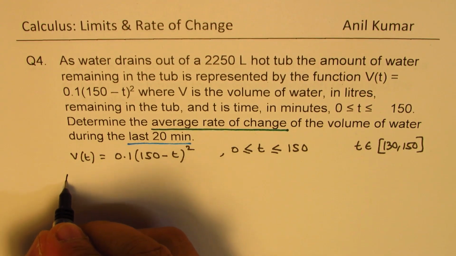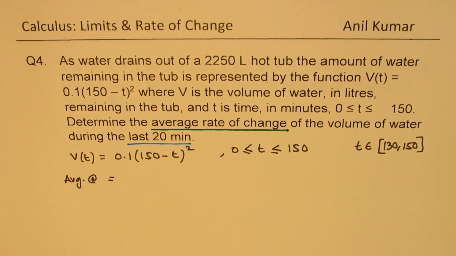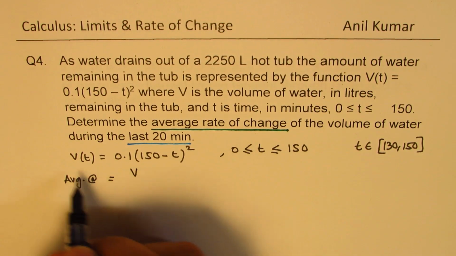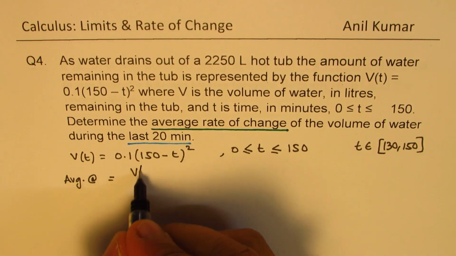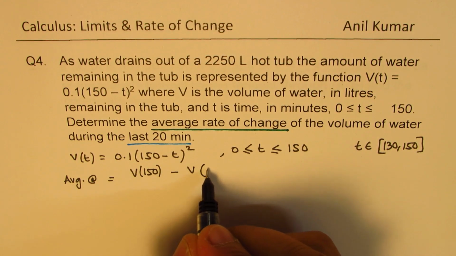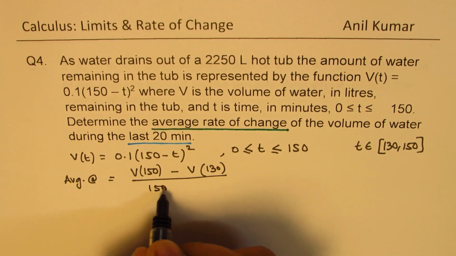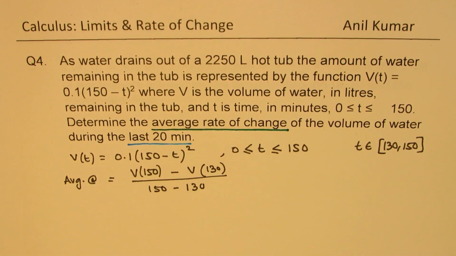So this average rate of change will be the value of the function V at 150 minus the volume at 130, divided by 150 minus 130. Clear? So that is what we need to calculate.